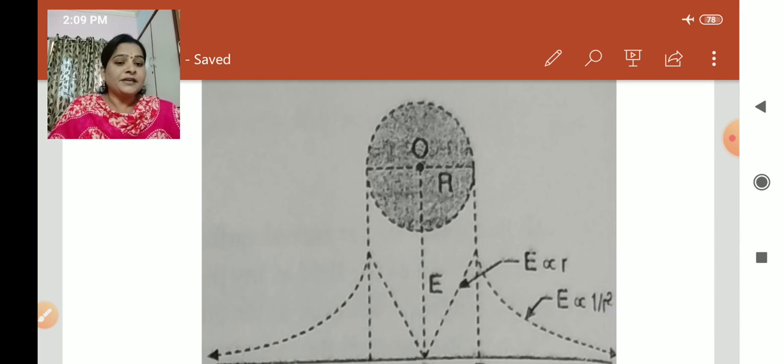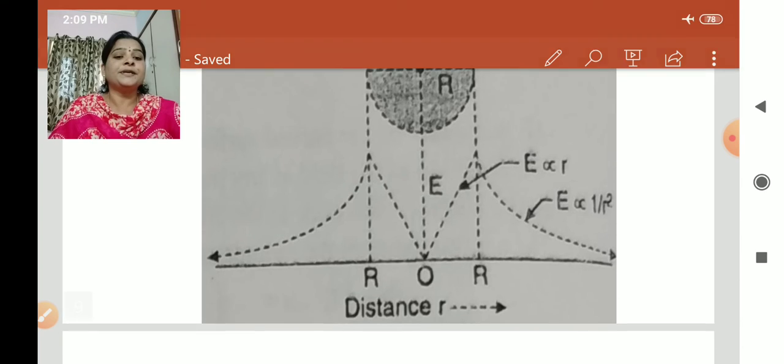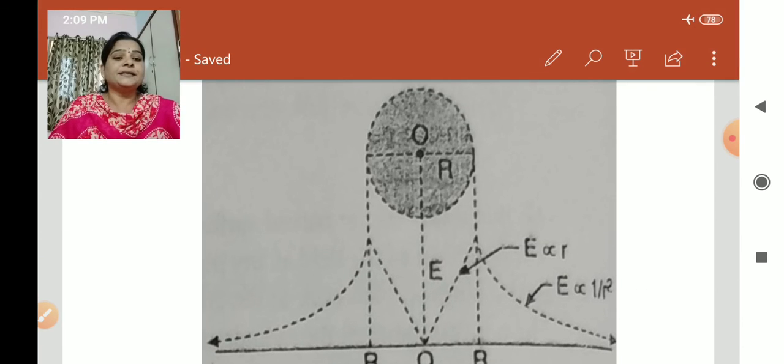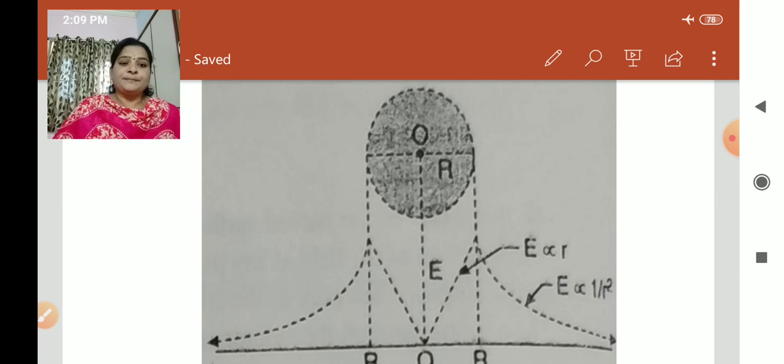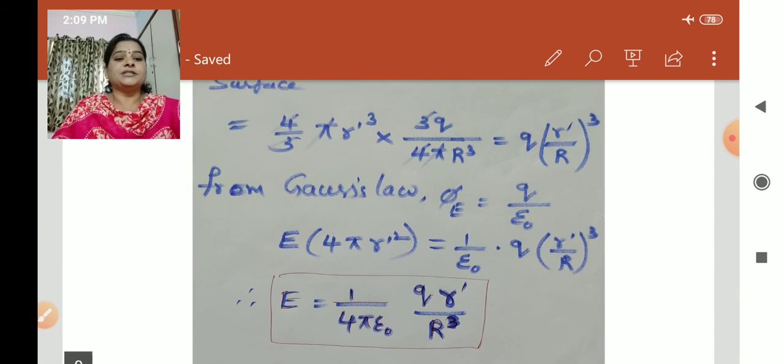The electric field intensity is maximum on the surface of the charged sphere. From this figure we can depict the electric field intensity at various points outside, on and inside the charged sphere. This is all about the applications of the charged sphere.